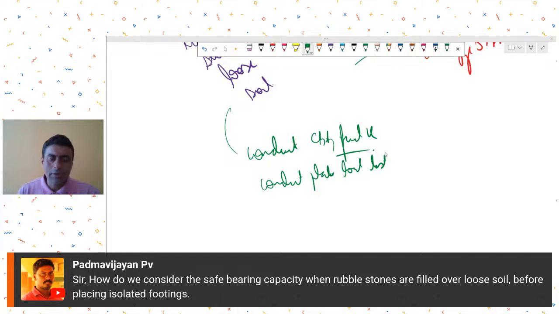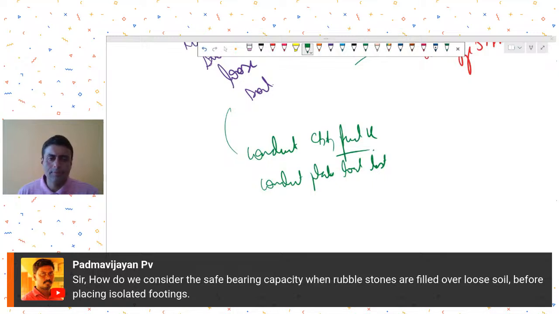Otherwise, judging it is quite difficult, and therefore, generally, what we like to do is to remove those loose or filled up soils, and then replace it with some compacted Muram and GSB. In our personal opinion, when you remove the loose soil and replace it with compacted Muram plus a little bit of GSB, let's say 100 or 150 GSB, the usual bearing capacity that we have got is around 15-16 tons per square meter.